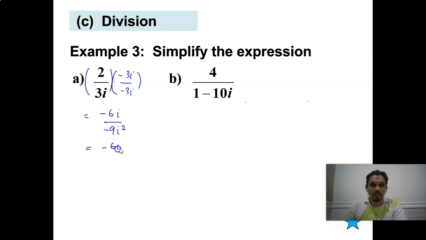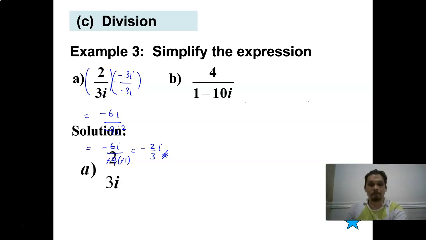Then negative 6i, negative 9i squared, and i squared equal to negative 1. So negative times negative become positive. So here it is negative 2 over 3i.